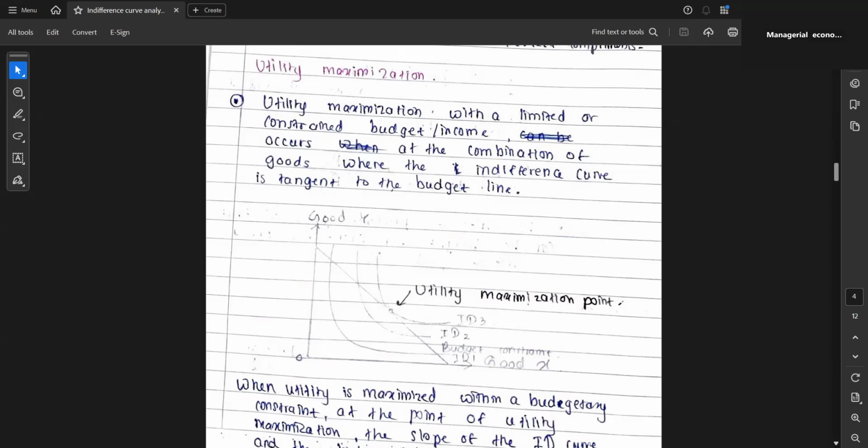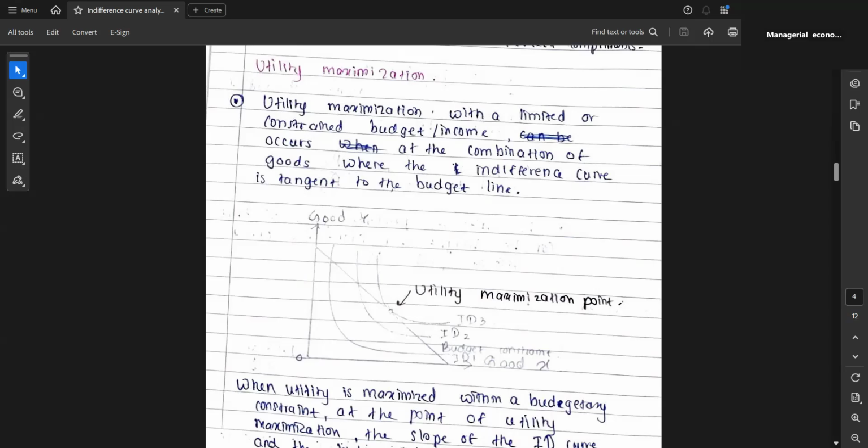You can argue, why do we take the tangent point and why are we not taking a point where the indifference curve is intercepting the budgetary constraint? As you can see, indifference curve 2 is intercepting the budgetary constraint at 2 points.